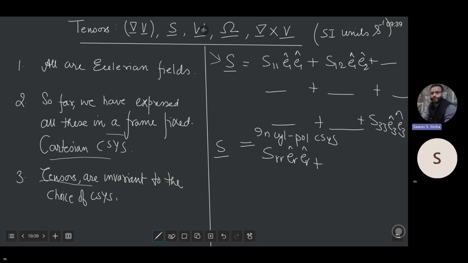But suppose because of some reason I have been forced, or I choose myself, to express this tensor, same flow field, in cylindrical polar coordinate system. How will I write that tensor? To begin with, I will have something like this, and then what should I write?